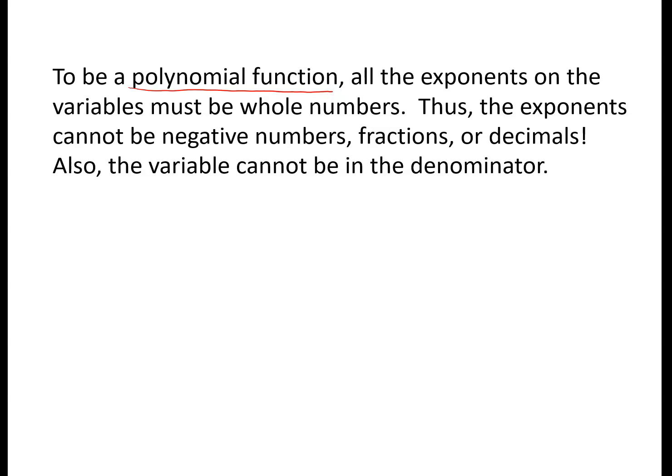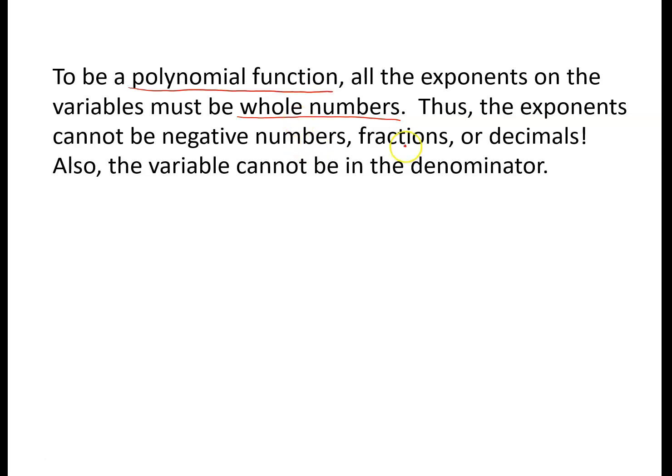All the exponents on the variables must be whole numbers. Remember, that includes 0. The exponents could be 0, 1, 2, 3, and so on. And because of that, we can say the exponents cannot be negative numbers. Negative numbers are not whole numbers.